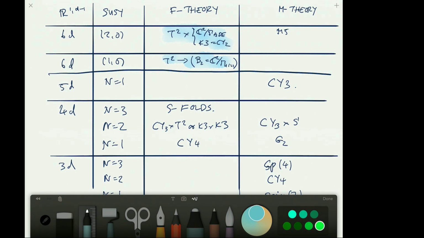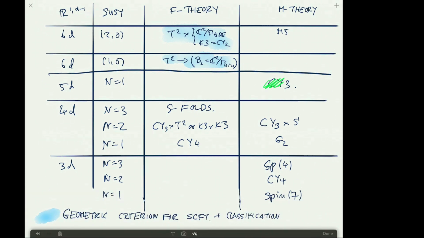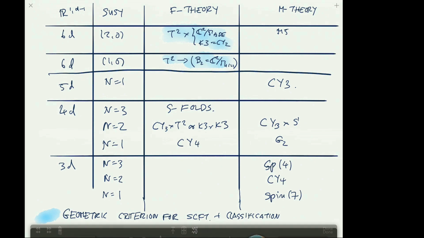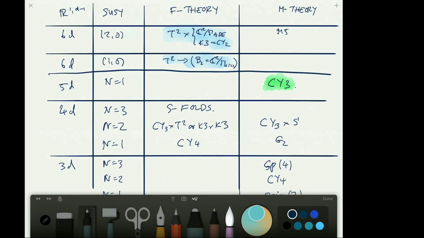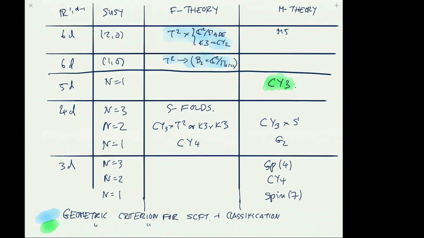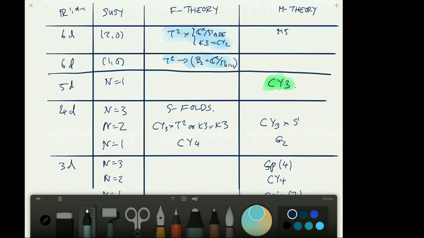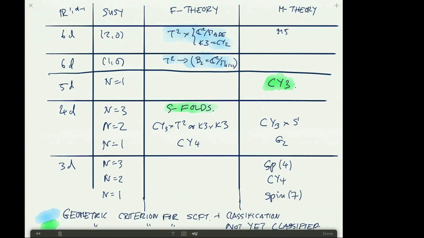The case where there's a geometric criterion, but we don't have a full classification is the Calabi-Yau 3 case. So we have here the same sort of, at least a good understanding of what this means, but there is actually no, but not yet. And I think this is also true in the case of the S-folds, for N=3.